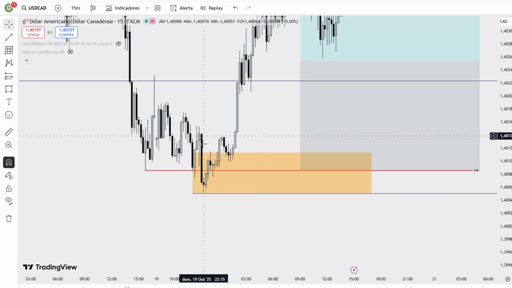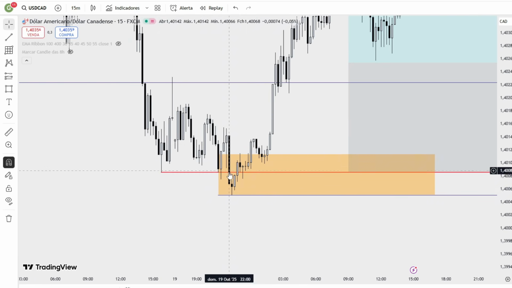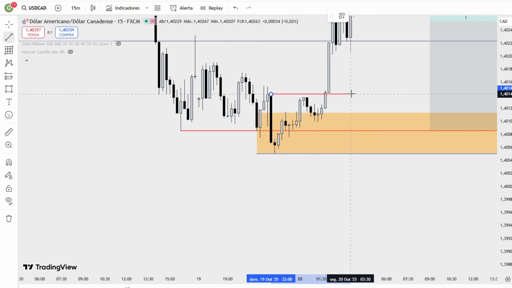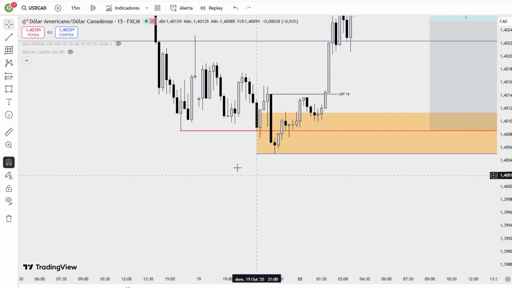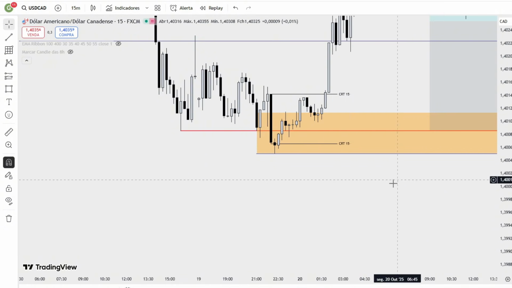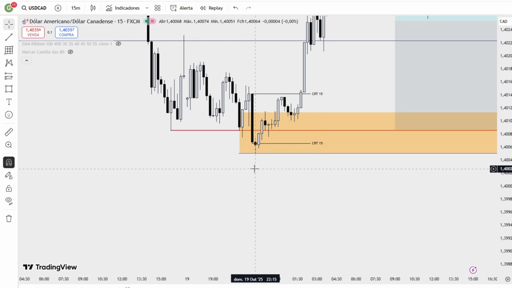So you wait for the price to tap your CRT low, and you mark your 15-minute CRT right here. And then you wait for the same thing: the price purges liquidity, turtle soups the low, and closes inside your CRT. The third candle, the distribution candle. Remember, first candle, second candle, third candle.